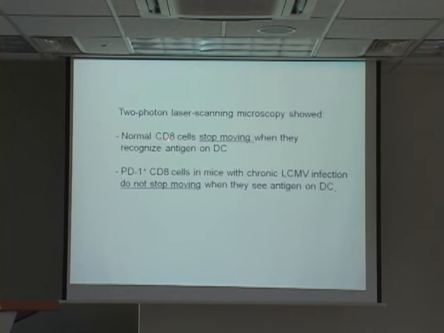So if you have normal CD8 cells, when they see antigen on the DC, they will move like this, and they will stop moving in order to form a synapse. And then they can mount an immune response.